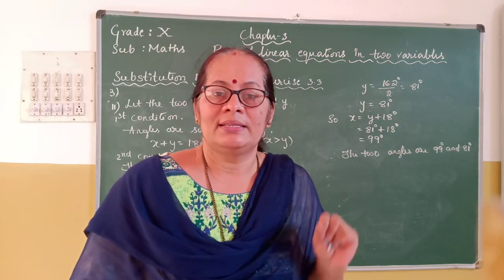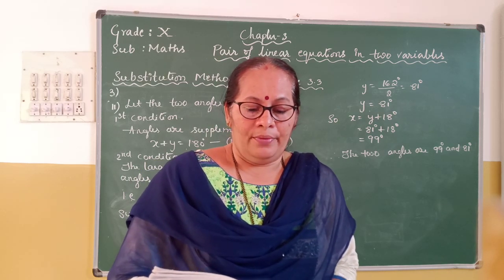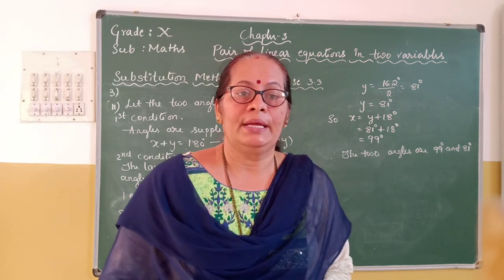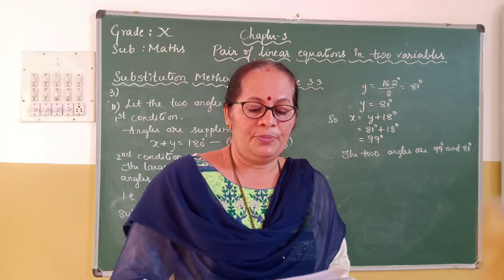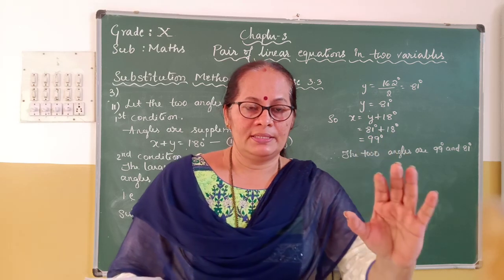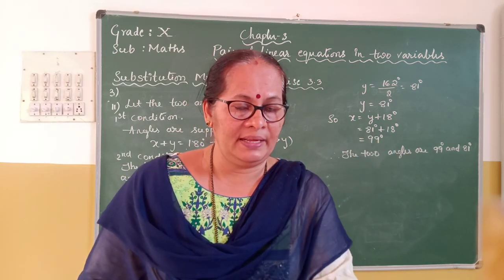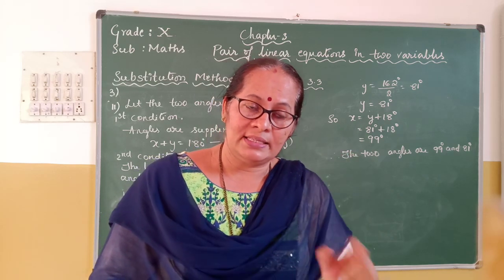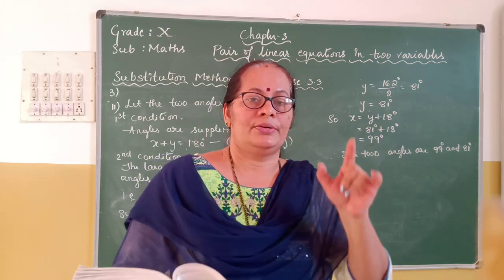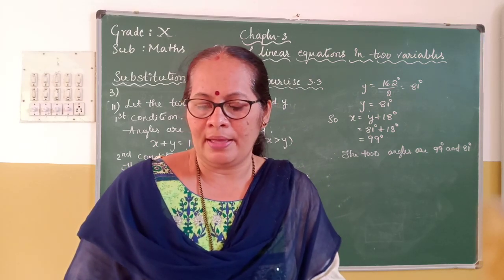Got it? Second one. For a journey of 15 km, the charge paid is rupees 155. The fixed charge is x and the distance covered is 15, so that charge is 15y. So x plus 15y equals 155.